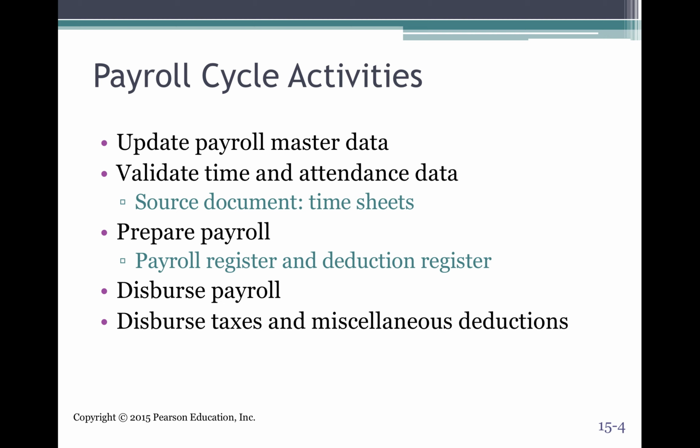The second one there, validate time and attendance data. That would be transaction file information. Source documents are usually either timesheets, time cards, or we might use barcode technologies when we have an electronic file for our timesheets. We'll then prepare the payroll register, which in aggregate for the company shows how much everyone is paid: gross pay, net pay, and other deductions.